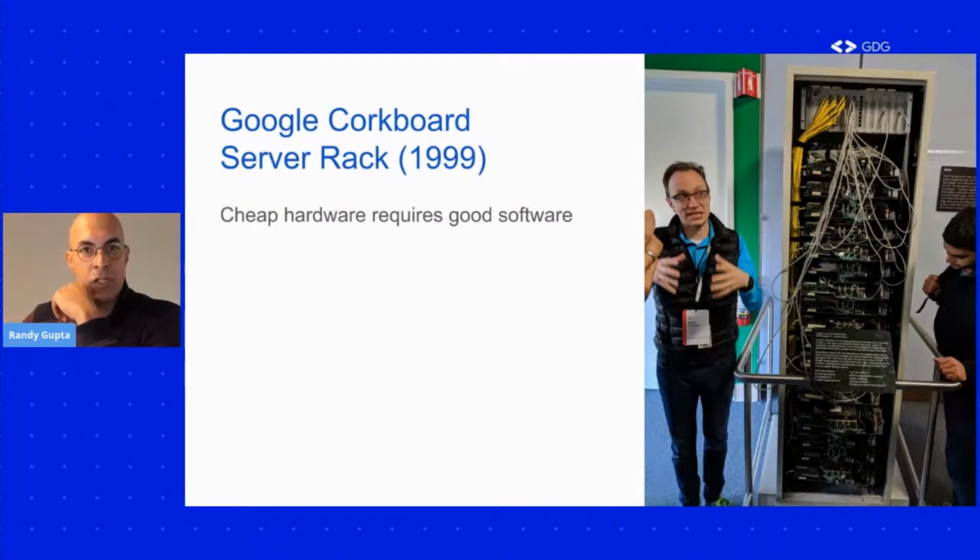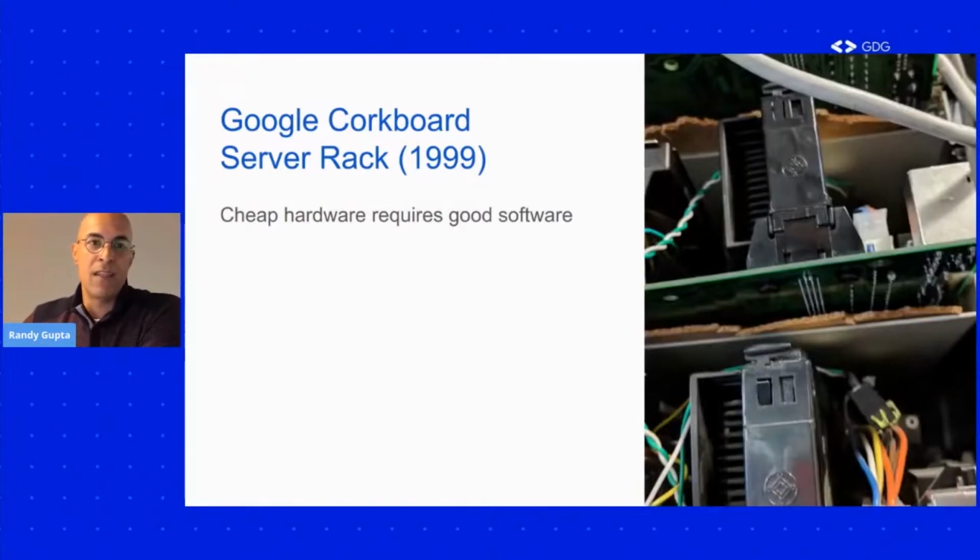Google didn't have much money to buy expensive server hardware, so they took the cheapest hardware they could get. They left everything away, including the housing and power switches, and put everything into the racks as much as possible.